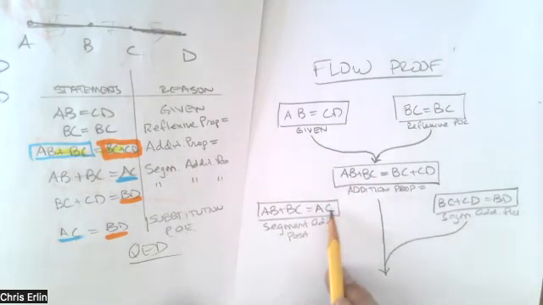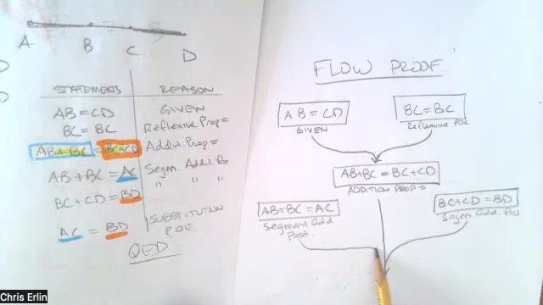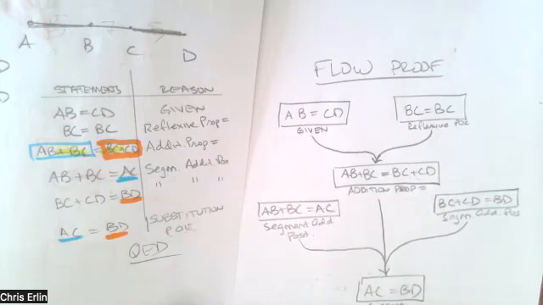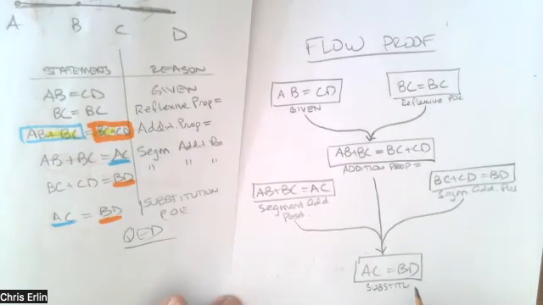And on the left-hand side, I'm going to substitute this. The result is AC equals BD because of substitution.